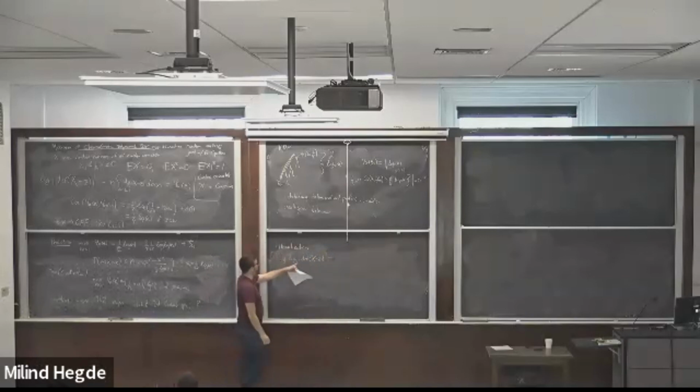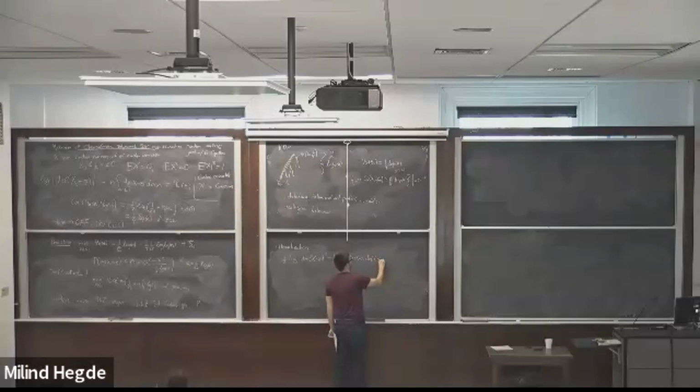Then, I can write this determinant as the product of the determinant of x minus z and the determinant of its conjugate. And because the product of determinants is the determinant of a product, I can write this as the determinant of x minus z times x minus z conjugate.